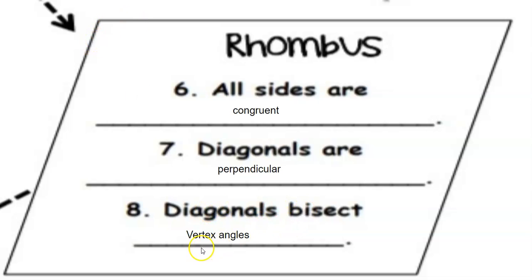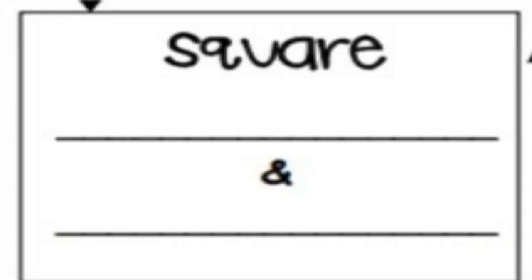That's what bisects the vertex angles means, because a vertex is basically a corner of our shape. A diagonal coming into this corner is going to cut that big angle into two smaller angles. All right, a square is another special parallelogram.